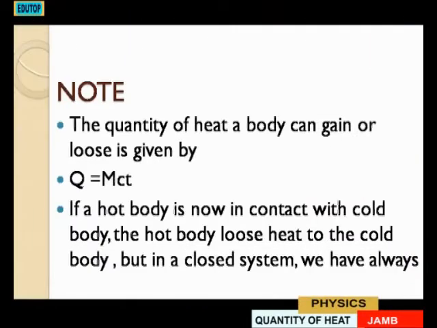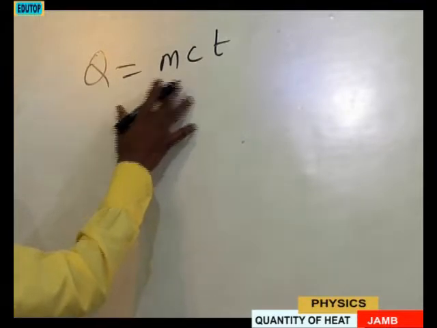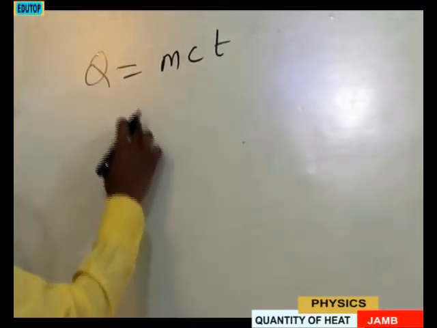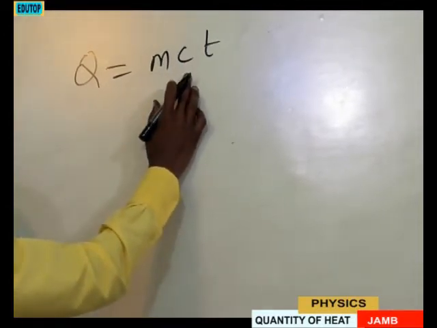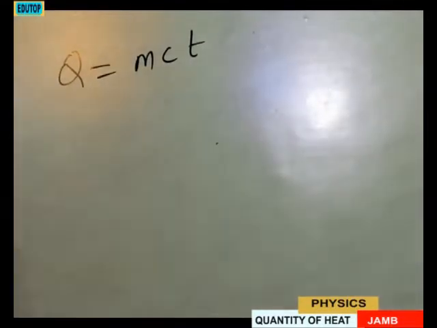The quantity of heat a body can gain or lose is given by Q = mcθ. We can say that quantity of heat is directly proportional to the mass, specific heat capacity c, and the temperature change.